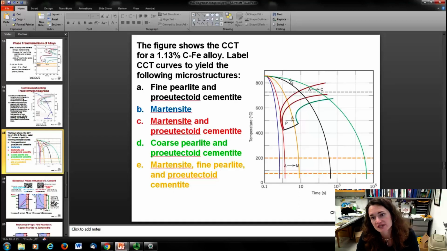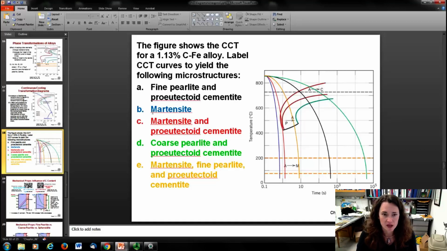It crosses this curve going from austenite to cementite. Once it does that, it starts forming those proeutectoid cementite particles. And then right here is where the cooling curve intersects the phase transformation line for beginning the reaction to perlite. And then over here, where the two green curves intersect, that's when it finishes it. Okay, so it's totally finished, and it's got some proeutectoid cementite particles, and then that perlite in there.